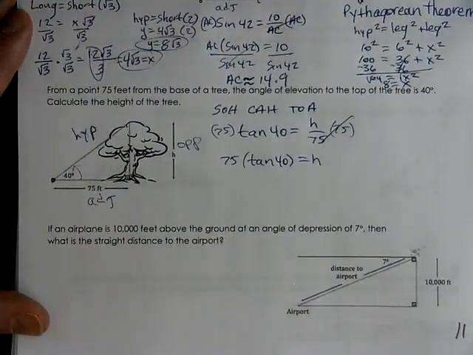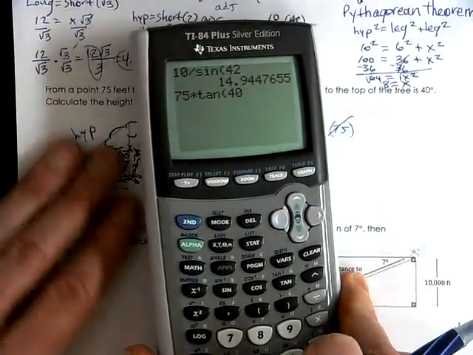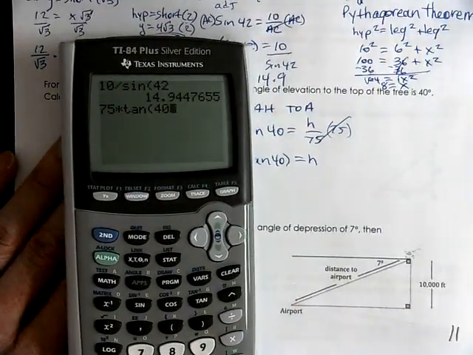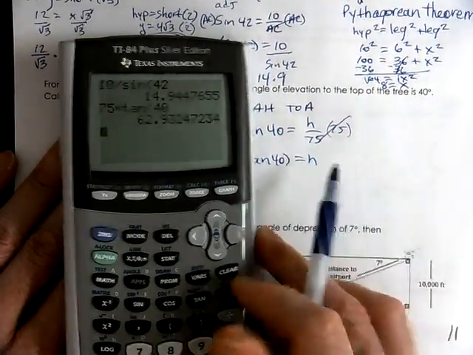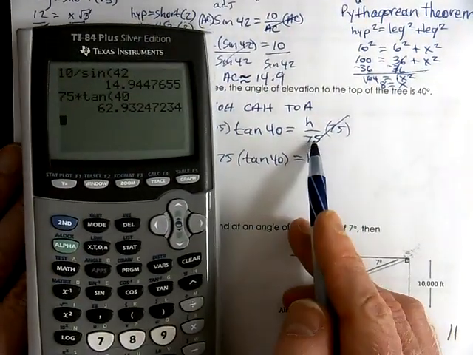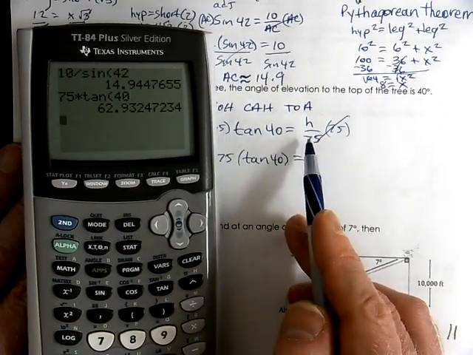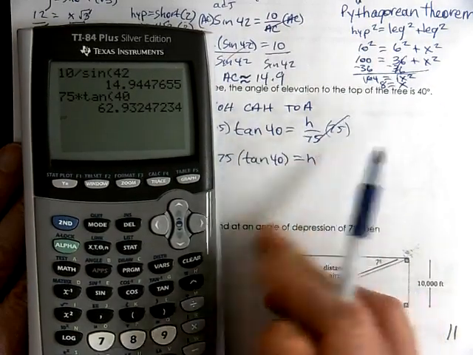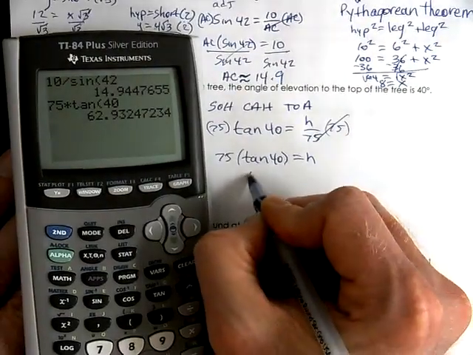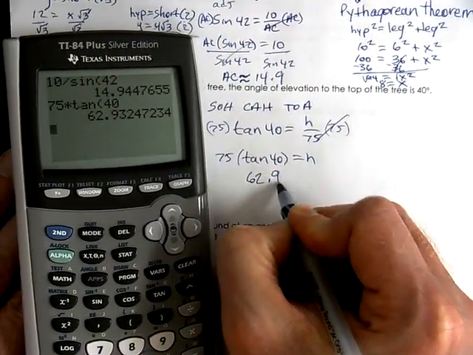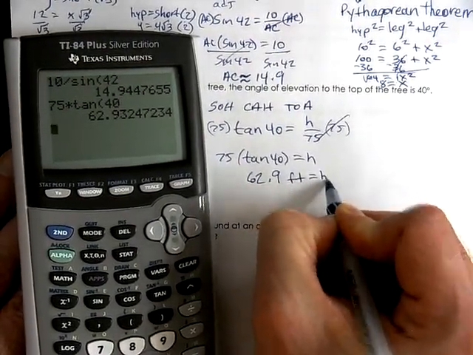So 75 times the tangent of 40. I type that in my calculator, 75 times the tangent of 40. Notice that there's no other dividing needed. I just multiplied by the denominator, and that got my h all by itself. So I have 62.9, and these are feet.